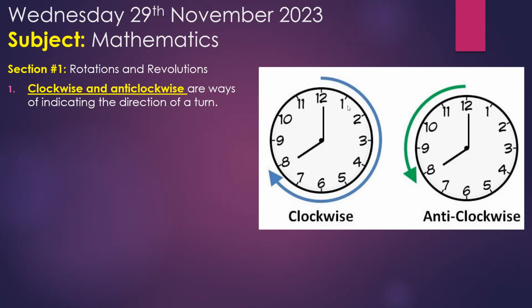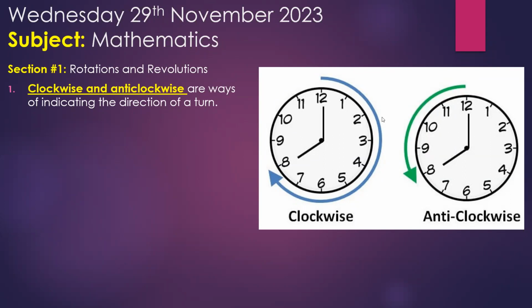The left. That's very good. The one on the left is going clockwise. Clockwise just basically means in the direction that a clock goes, or in the direction that the hands of the clock move. So this is clockwise rotation. Anti-clockwise means going in the opposite direction as it relates to the hands of a clock.